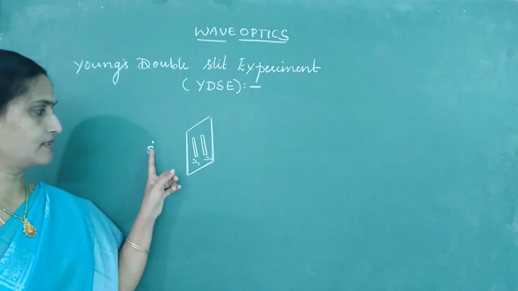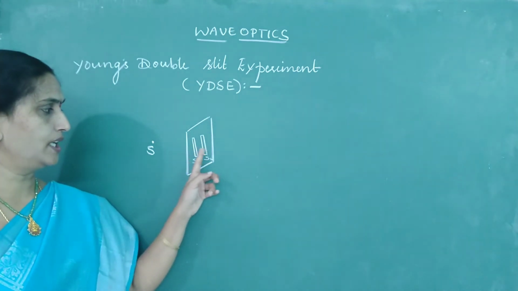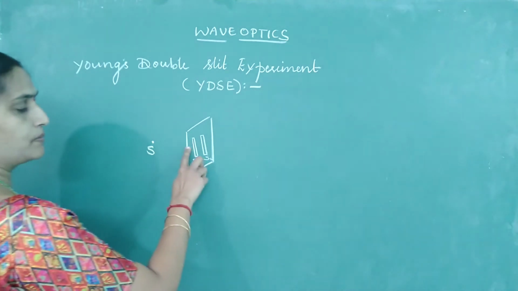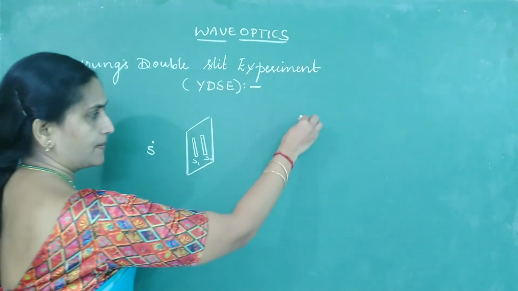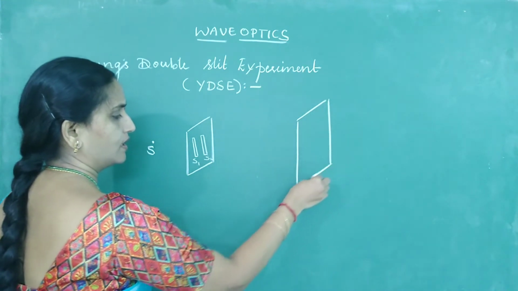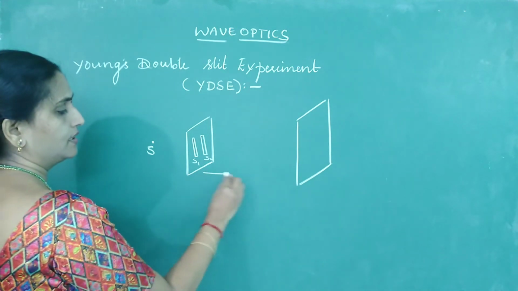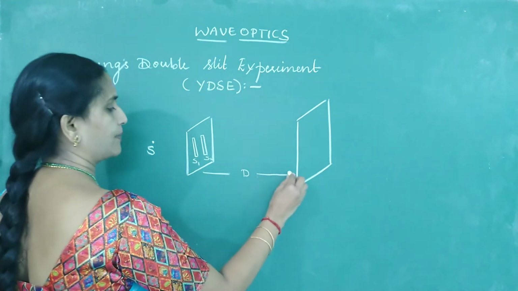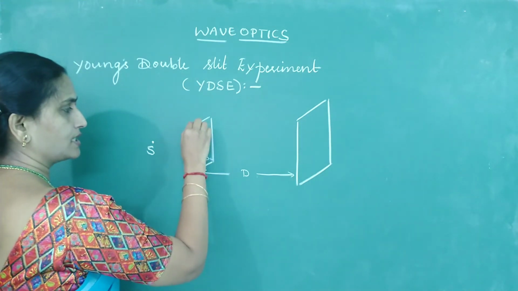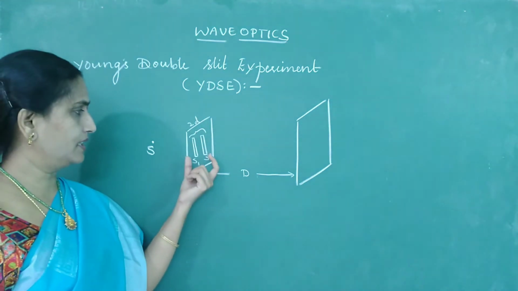Hope you remember this is a method of obtaining coherent sources. So now S1 and S2 behave as two coherent sources of light. The light coming from these two sources will interfere, and you can observe the interference pattern on a screen which is placed perpendicular to the plane of the board at a large distance, capital D. The distance between these two sources, we take it as 2 times small d, to make our derivation convenient.